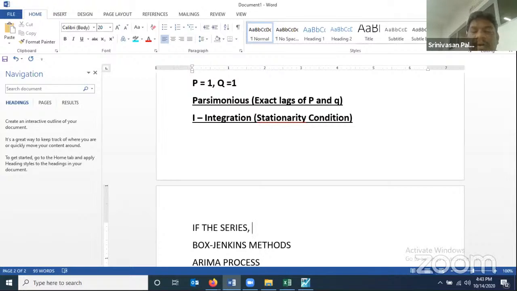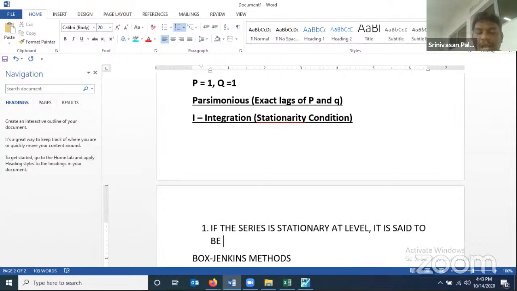Okay. If the series, please make a note, I'm talking about the order of integration. If the series is stationary at level, it is said to be integrated at order 0.